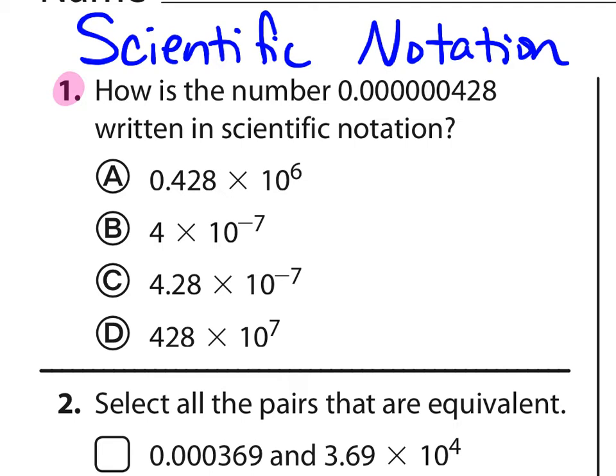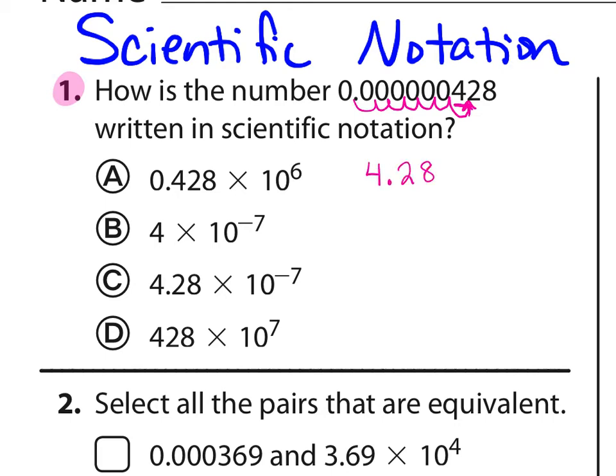So, just like we did on the estimating, we're going to take our number and we're going to look at this place value and we're going to put a decimal behind it. So I'm going to move this decimal 1, 2, 3, 4, 5, 6, 7 places. Now I'm not rounding, so I'm going to keep 4.28.